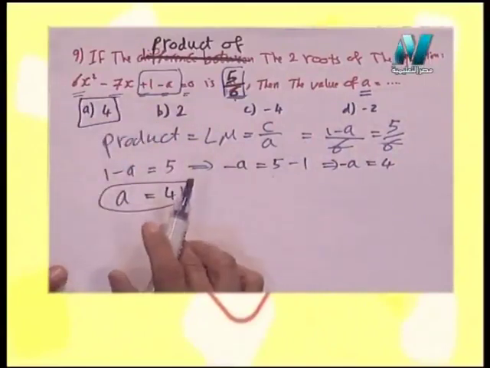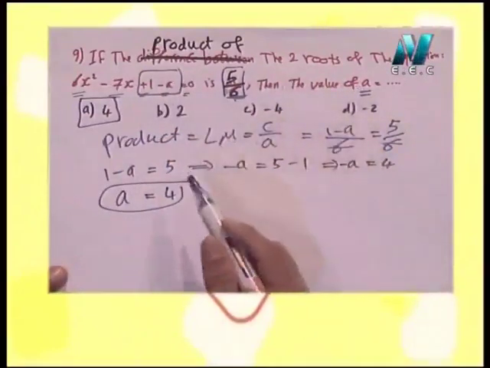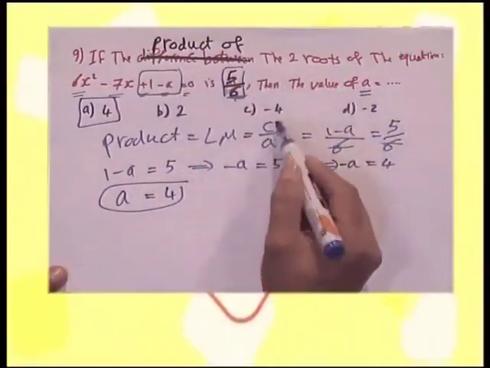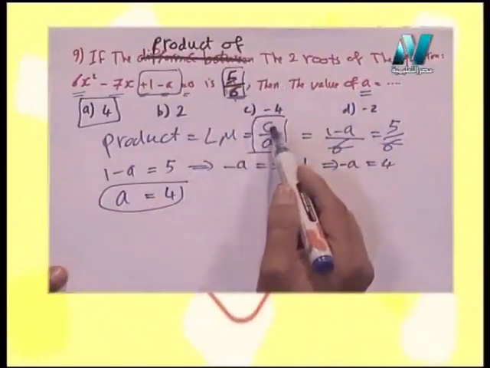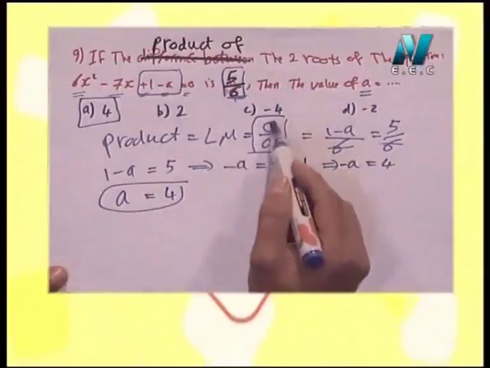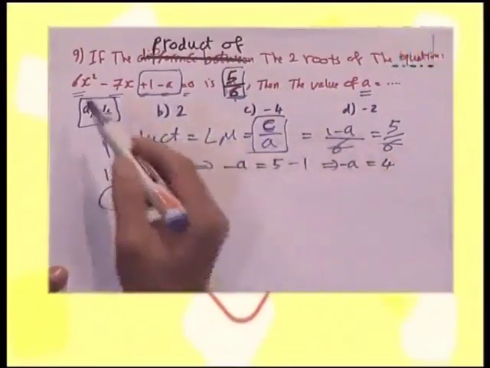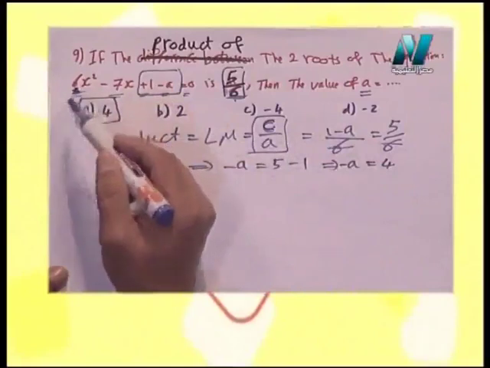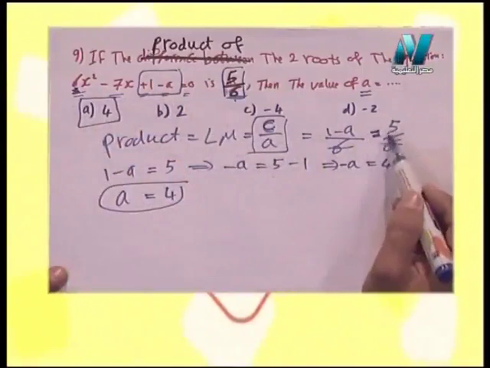So it's right. When you have the product of the two roots, product equals LM, which has the rule C over A, we put C in its place, 1 minus A over A, which is 6 here, and equate it to 5 over 6.